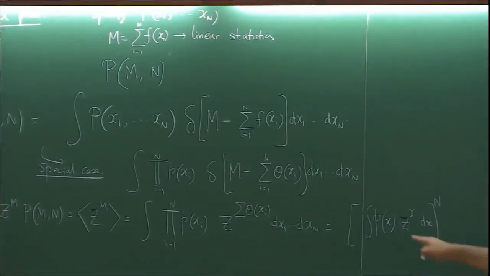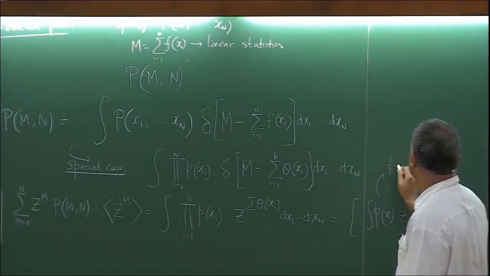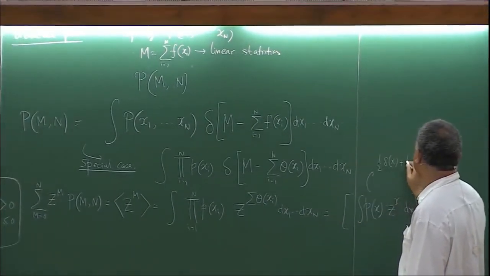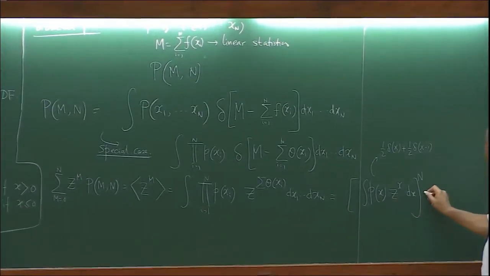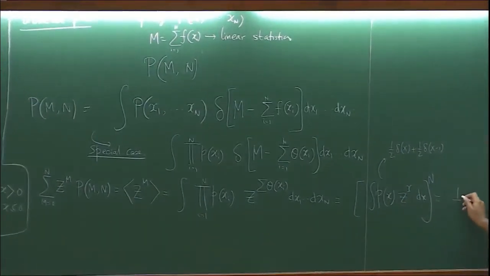So in our case, p of x is half delta of x plus half delta of x minus 1. So if I just plug it in and compute this whole thing, this is just ((1 plus z)/2) to the power n. Okay?